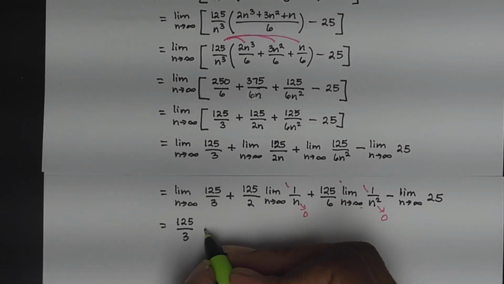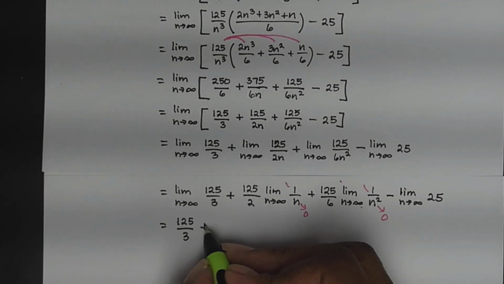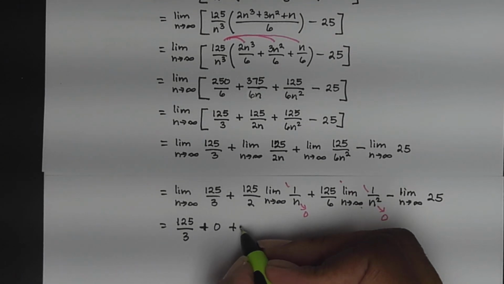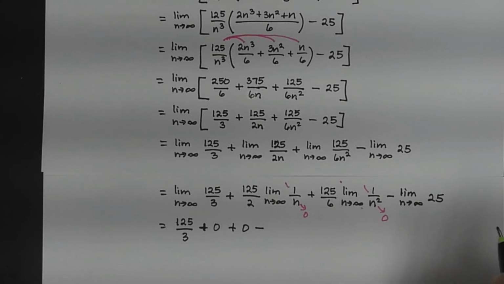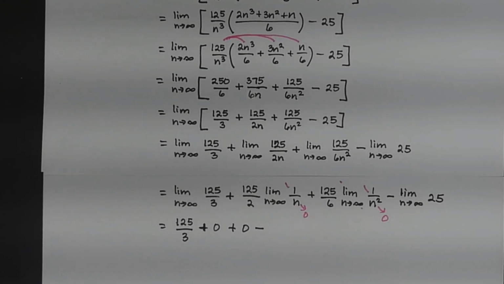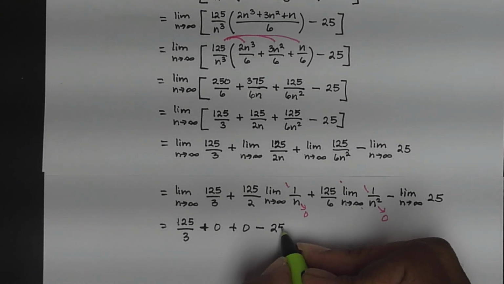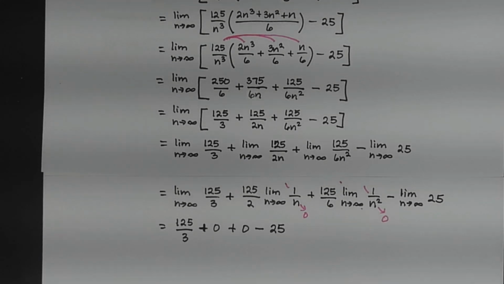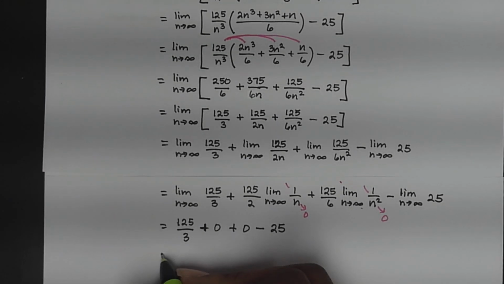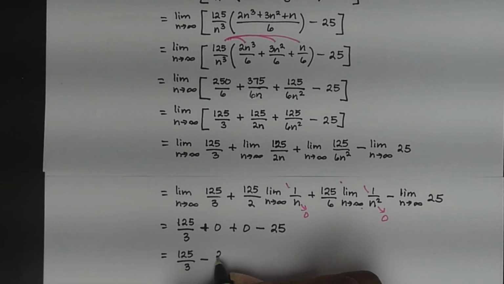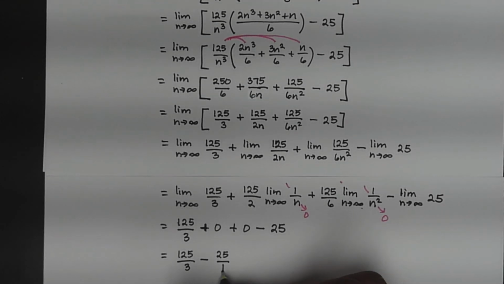So that means I'm going to have 0 times 125 over 2, that's 0, plus 0 times 125 over 6, that's also 0. And then minus the limit of a constant is a constant, so the limit as n approaches infinity of 25 will be 25. So I got 125 over 3 minus 25 over 1.